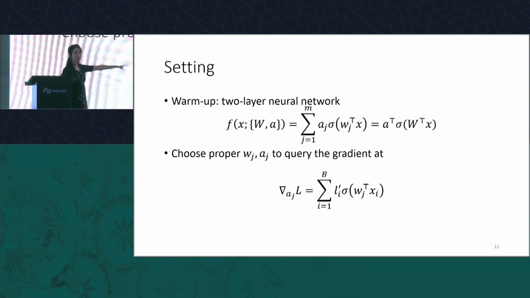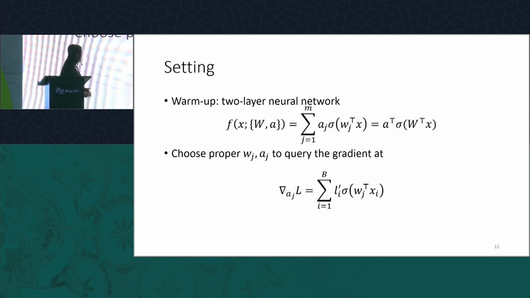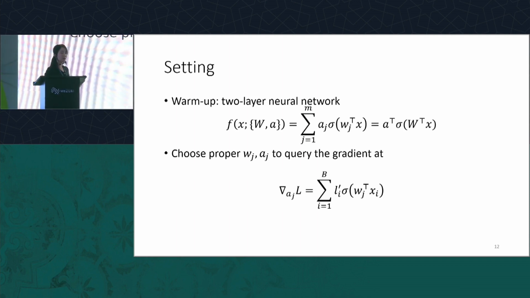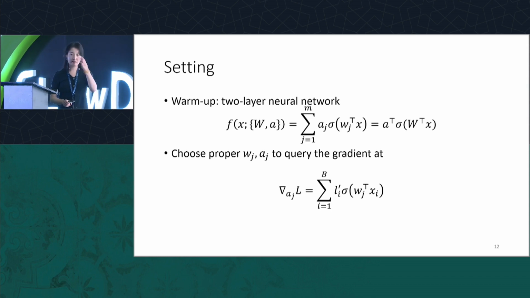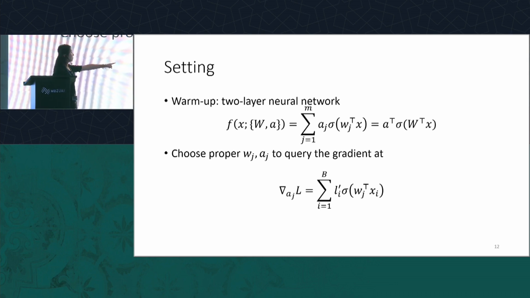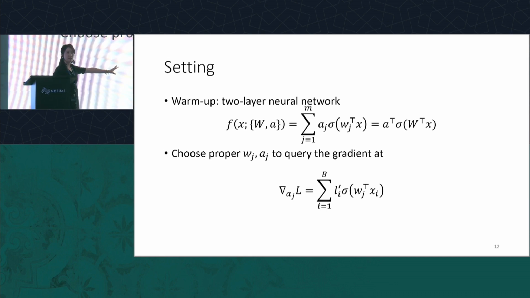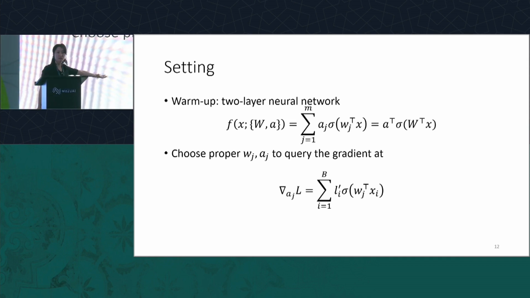This is a two-layer neural network. And our problem is to choose to query W_j, A_j at a proper point, find the gradient, and see if it can help us identify the training samples. The gradient with respect to A_j is quite simple. It is the summation over the derivative of each loss function, times sigma, the activation function, over W_j transpose x_i. Are there any questions about the formulation?